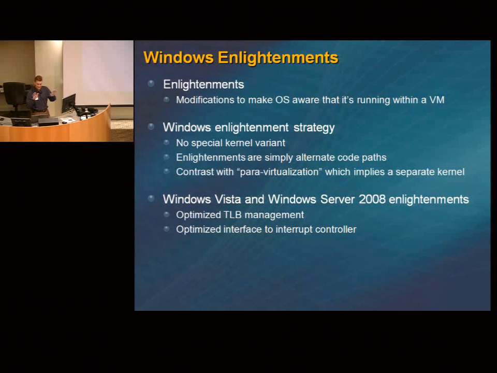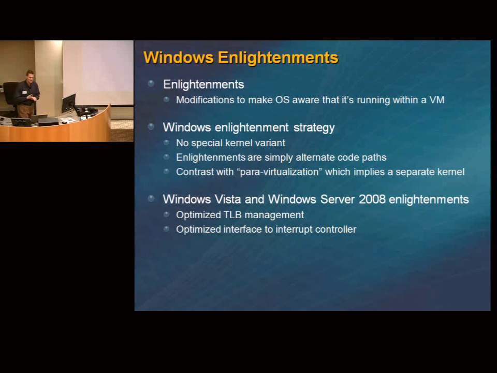We really wanted to take the approach where we only had one binary, and that really helps us in terms of testing. It helps customers too, because they don't want to manage two different variants of the kernel binaries. They want one image that they can run on a virtual machine and on physical machines. And so this approach has served us quite well.